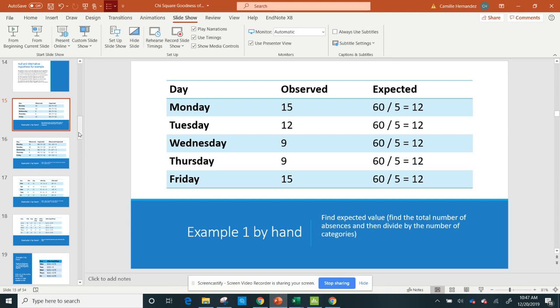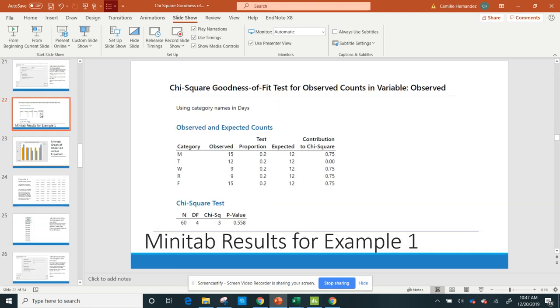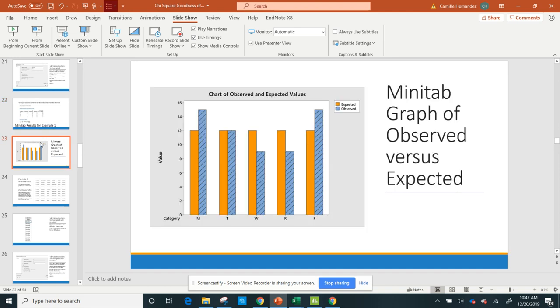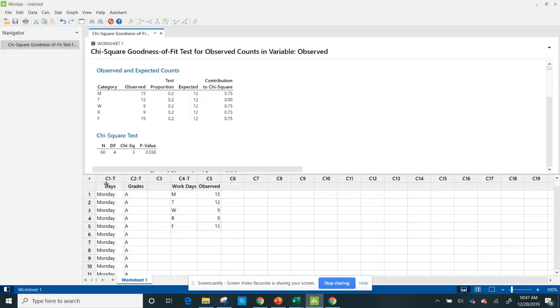So if I go back to my results, again, I showed you exactly what we got in Minitab. One slight thing I do want to show you is, so what if I had all this raw data? What if they didn't give me the pretty table? Well, what you have to do then is you need to type it into Minitab.